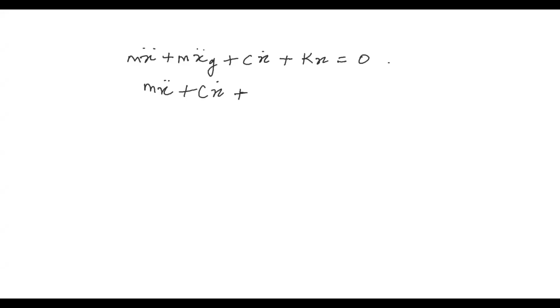So the final equation is going to be m x double dot plus m x double dot g plus c x dot plus k x equals 0. So here, m x double dot plus c x dot plus k x equals minus m x double dot g.